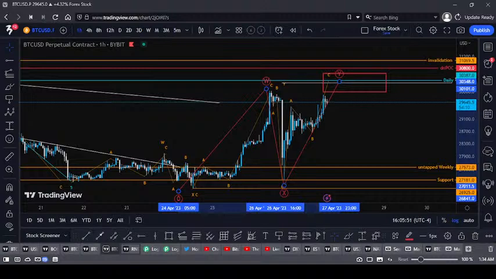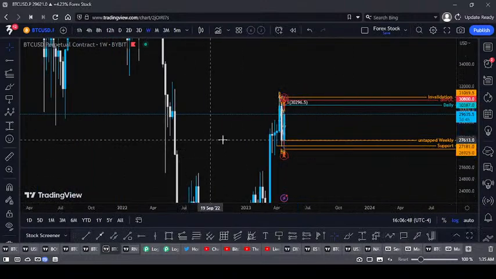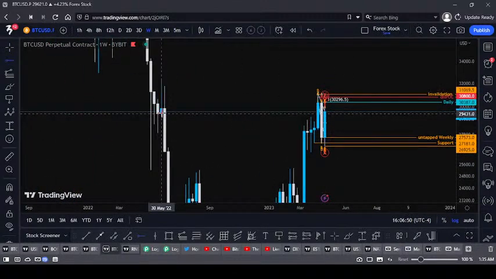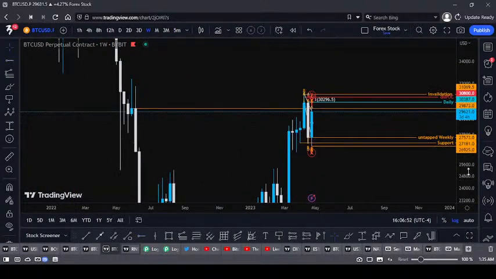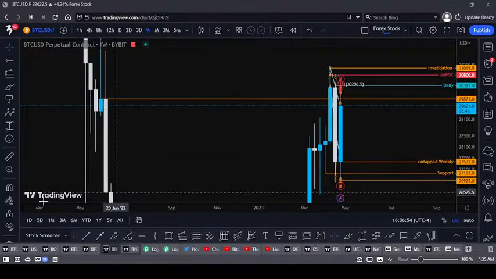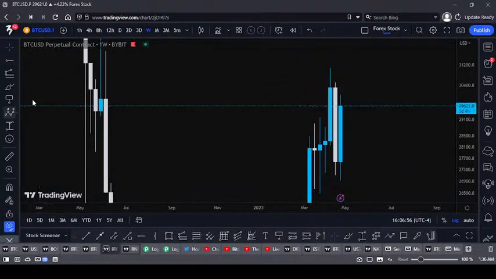You see, that is what we were anticipating at this point. The weekly level from 6 June 2020. I will show you right now on my charts. Yeah, you can see here, this weekly remained untapped.